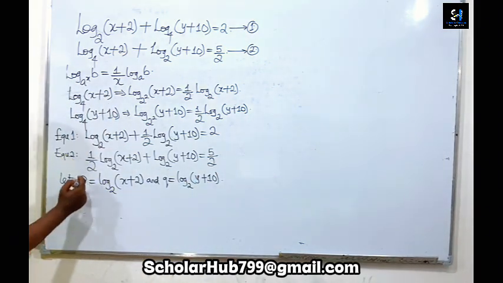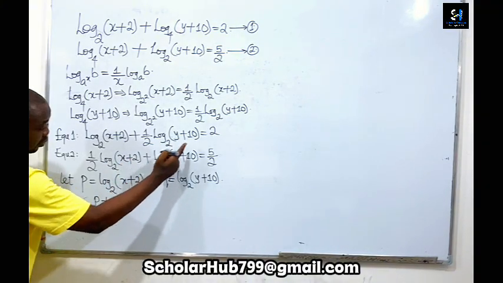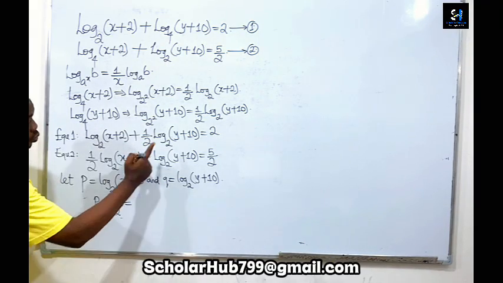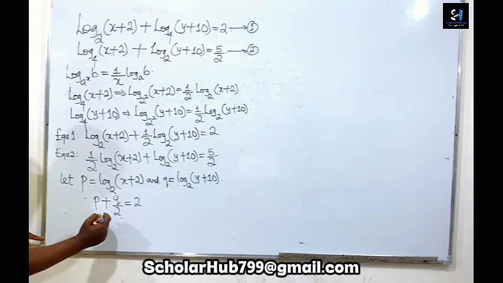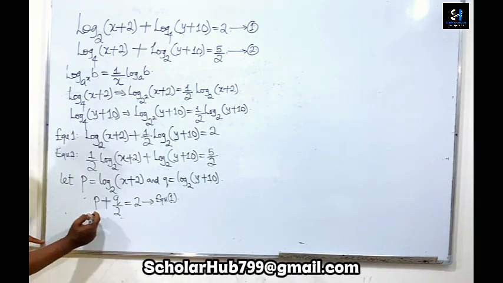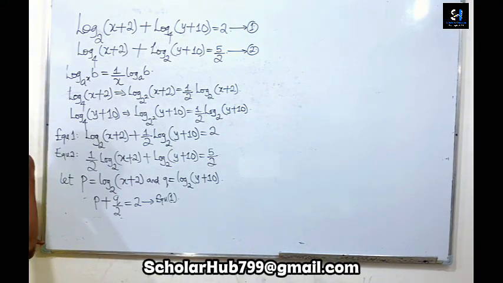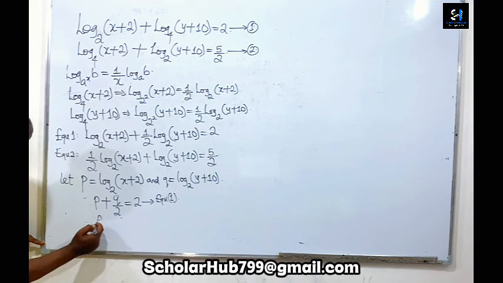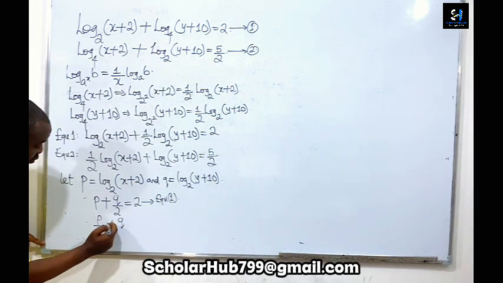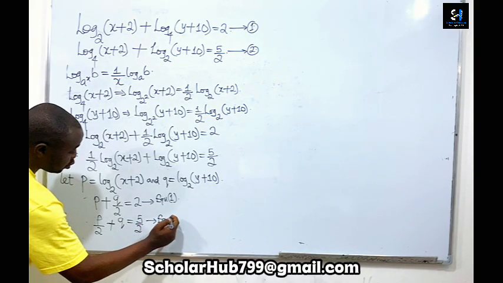So for equation 1, we're going to have p plus 1/2 of log base 2 of (y + 10), which is 1/2 of q, that is q over 2, equals 2. This is still equation 1. Then also 1/2 of log base 2 of (x + 2), where log base 2 of (x + 2) is p. So this will be p over 2 plus log base 2 of (y + 10), which is q, and this equals 5/2. This is still equation 2.